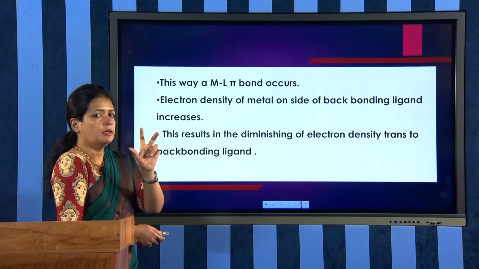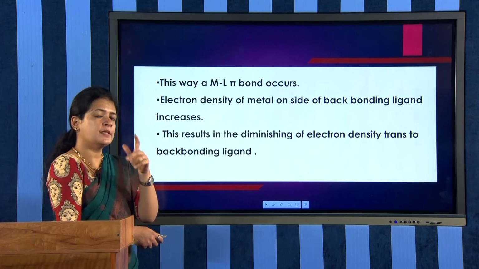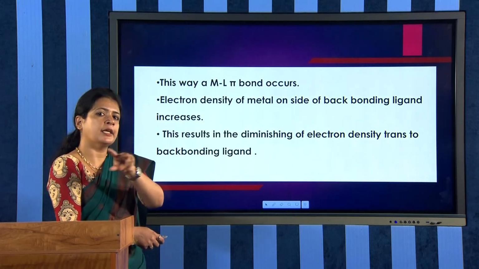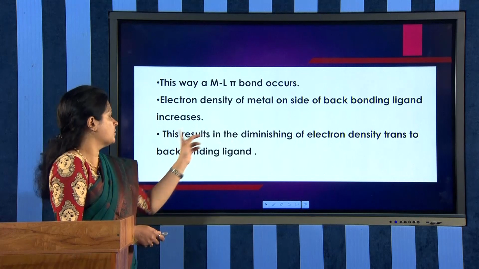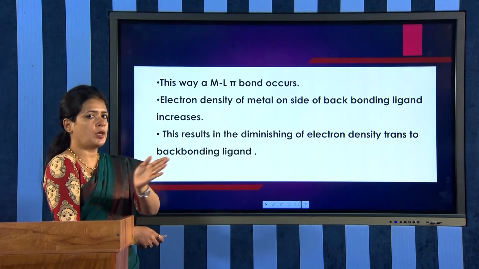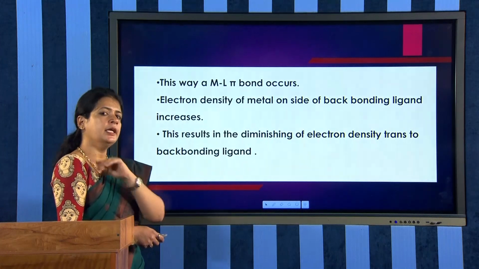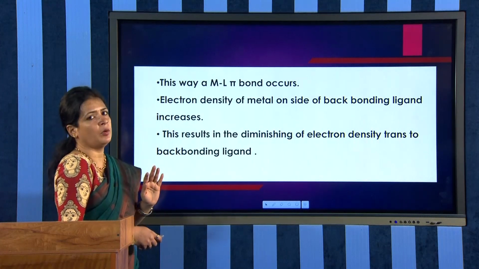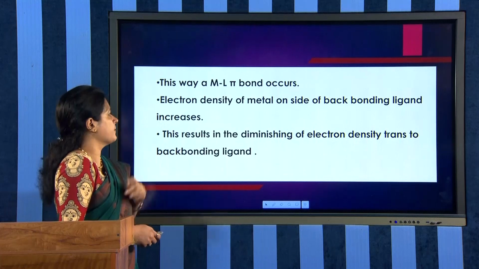There will be a higher electron density, and what is the result? That will decrease the electron density trans to the back bonding ligand, and the ligand which is trans to the back bonding ligand will be easily removed. This is how pi bonding theory explains the trans effect.